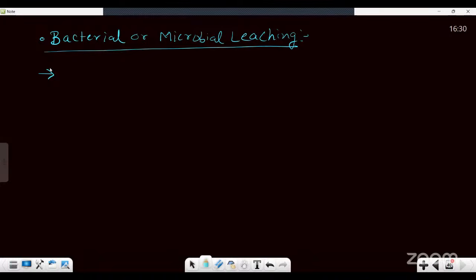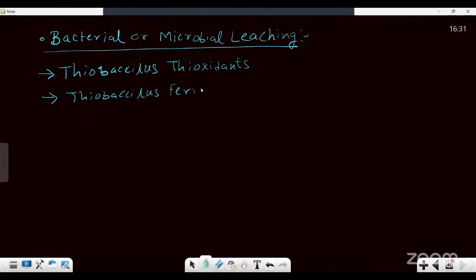Okay, these are involved in the bacterial leaching, right? These are the names of the bacteria.